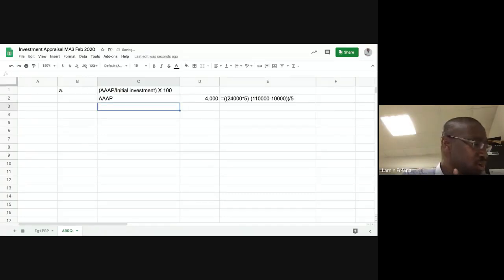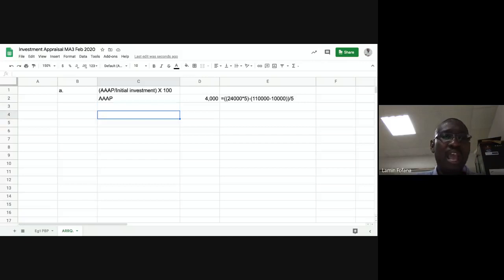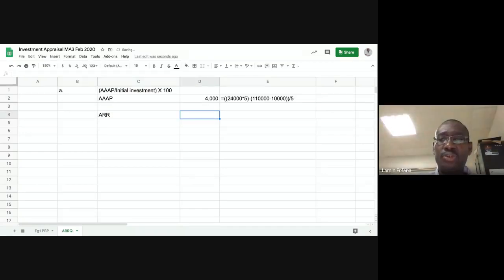Now, we know our initial outlay, isn't it? We know our initial outlay. So now, what we have to find is our ARR. So what is our ARR? It's equal to the average annual accounting profit divided by the initial investment. That's the first method. So we've already calculated the average annual accounting profit, which is 4,000, divided by what?